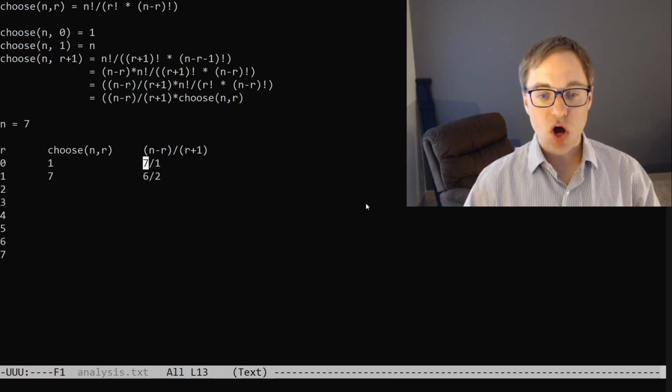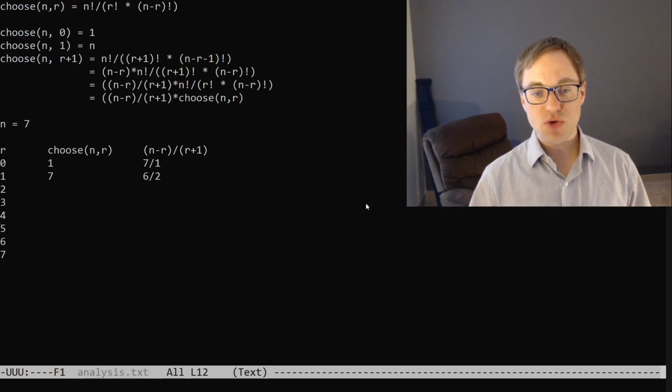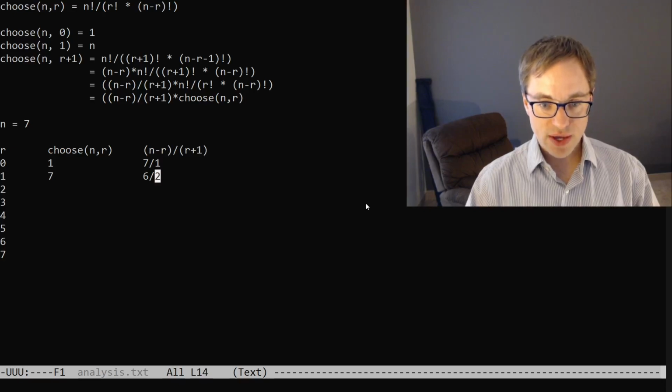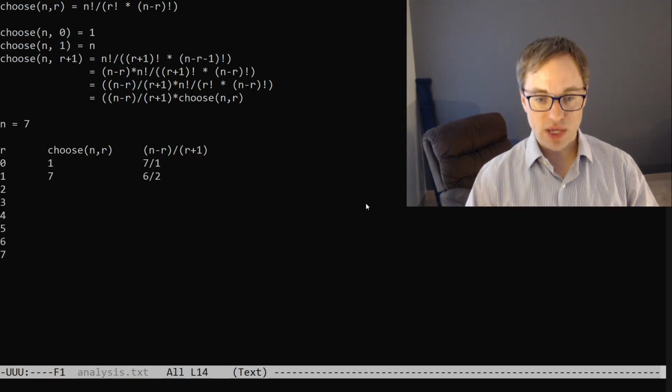And so instead of having to go back and remember what is n and what is r, and let's compute n minus r, and let's compute r plus 1, you can just take the value here on this row and adjust it to get the next row. Let me show you what I mean.